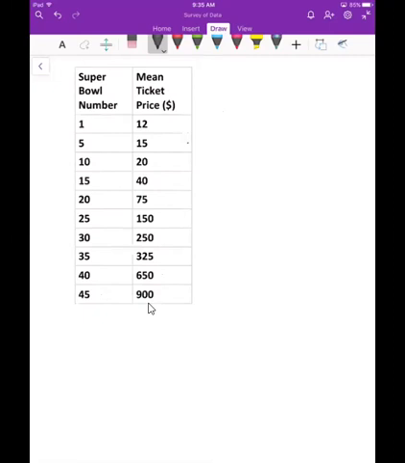In fact, I looked up Super Bowl 50 as well, which is hard to create a scatter plot with because it jumped all the way to about $4,800 was the mean ticket price in Super Bowl 50. I think this last Super Bowl, it was right around that too, like right around $5,000. So crazy how fast it's gone up. So we can see how fast it's gone up with the numbers. We can visualize that increase even better in a scatter plot. Okay, so that's what we're going to create with that coordinate system, is something called a scatter plot.